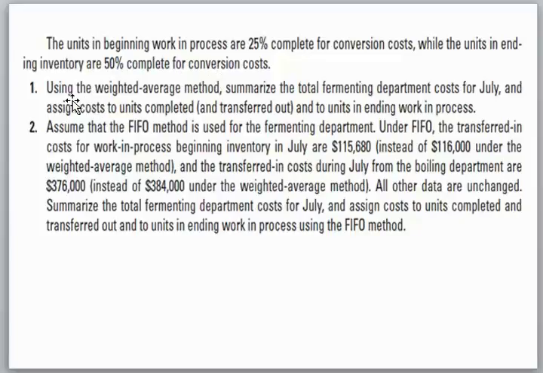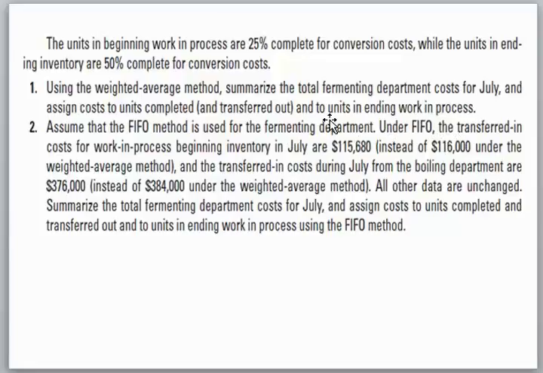First, he wants us to solve using the weighted average method, summarizing total fermenting department cost for July and assigning cost to units completed and to units in ending work in process. Number 2, solving the same but by using the FIFO method for the fermenting department.